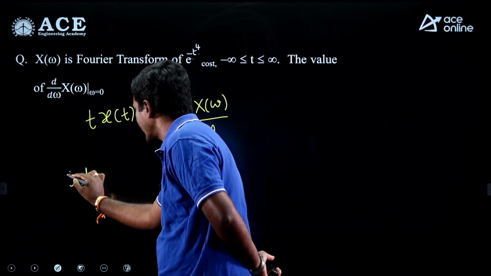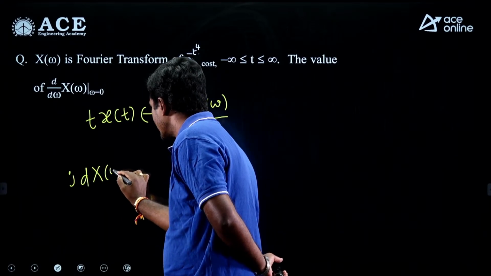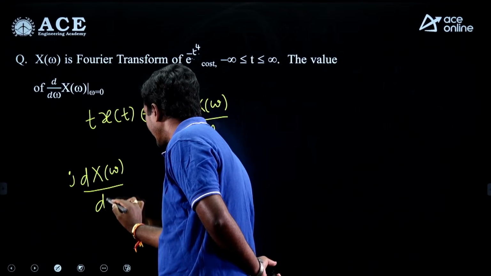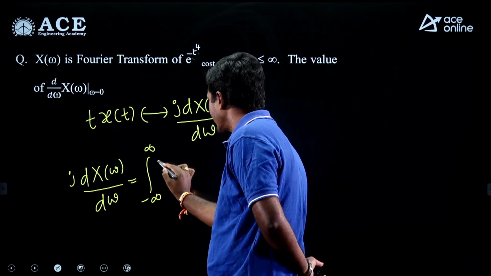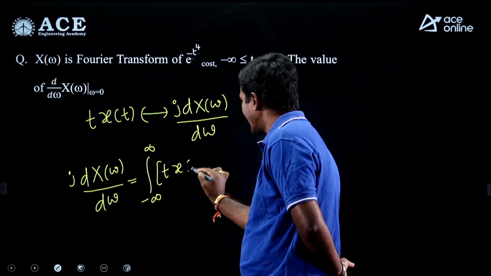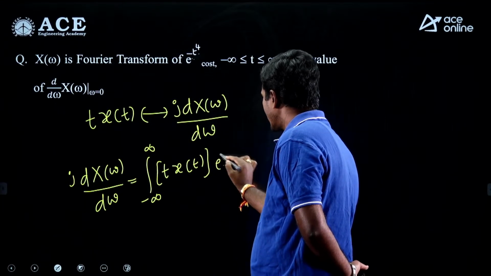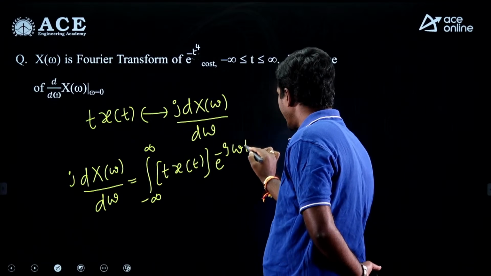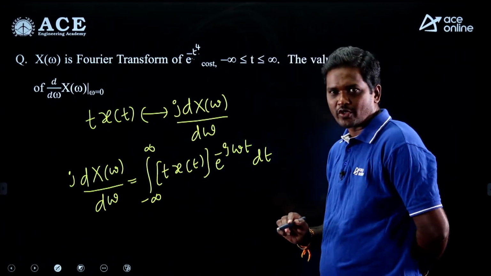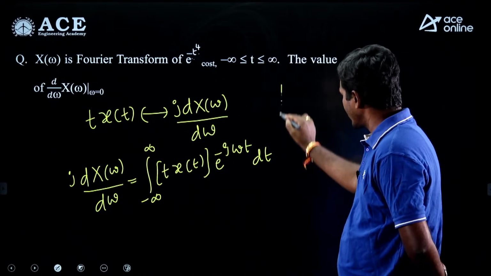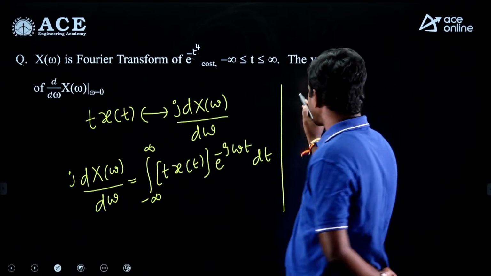Write the Fourier transform expression. j dX of omega by d omega is the integration from minus infinity to plus infinity of t x of t e to the power of minus j omega t dt. He is asking this value at omega equals 0. Substitute omega equals 0 in this expression and send j this side.